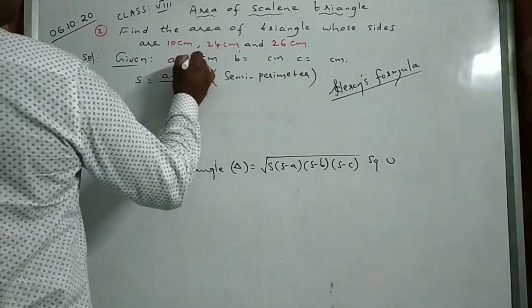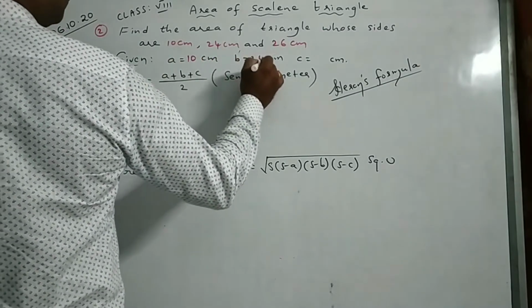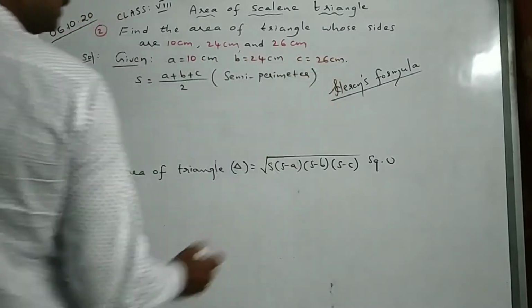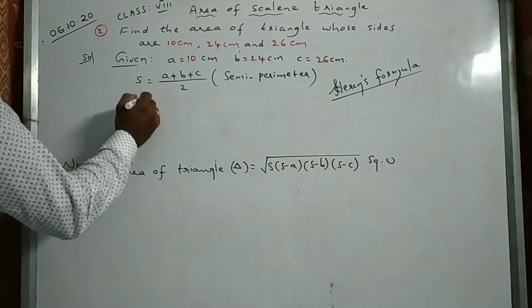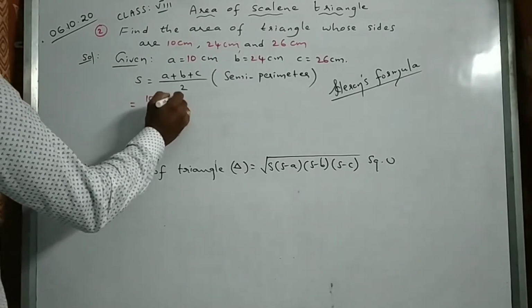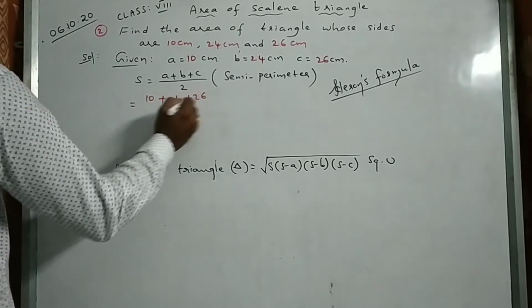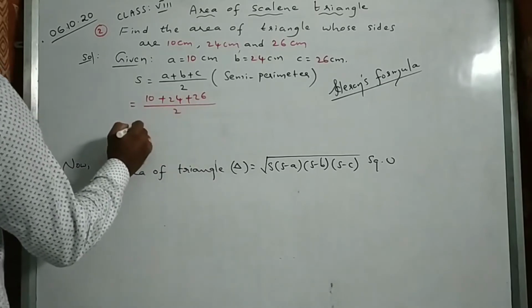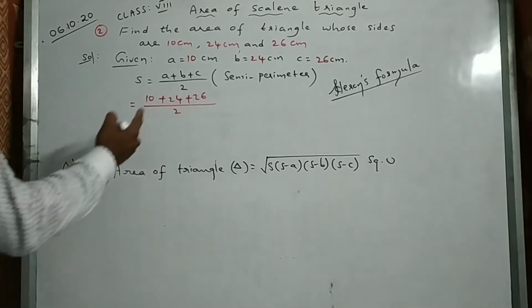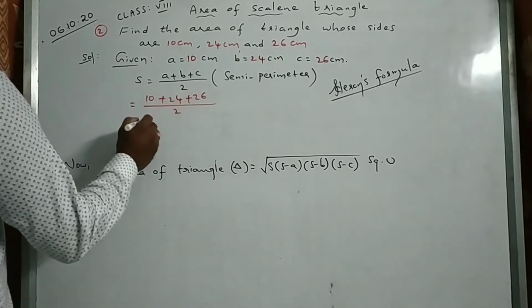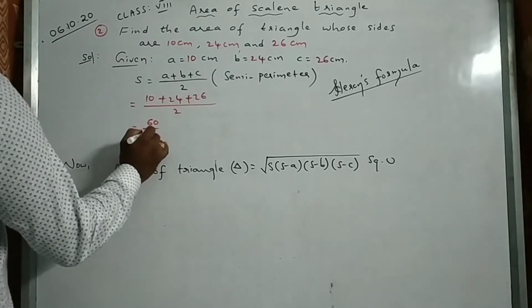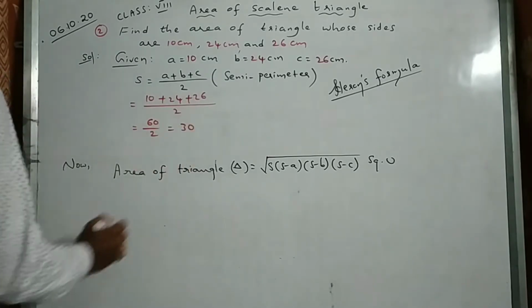So 10, 24, 26. So S equal to A plus B plus C upon 2. So this is 50 plus 10, 60 by 2 means 30.